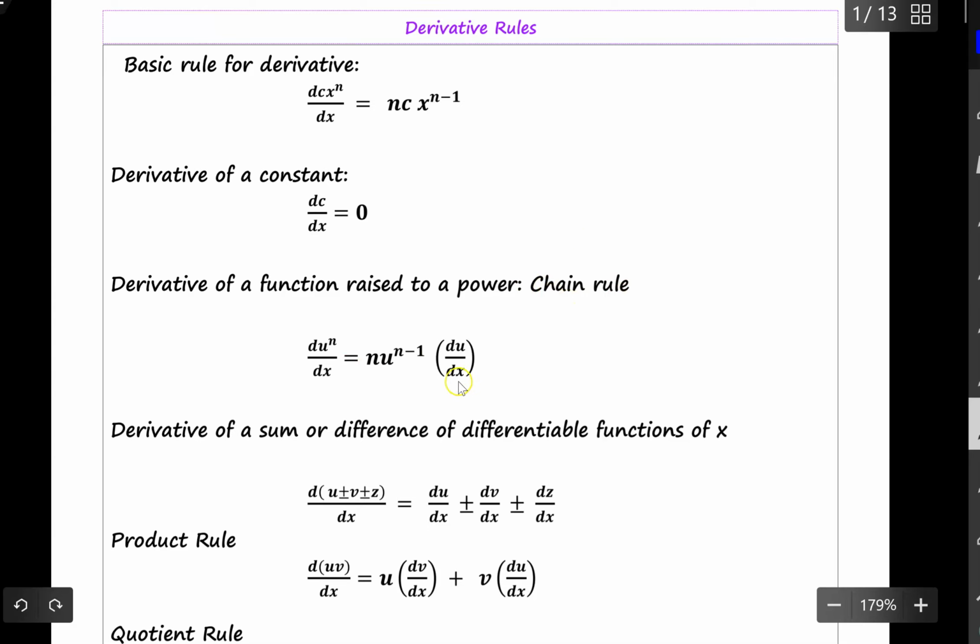The chain rule says this: take n, multiply by the coefficient in front of u, which is 1, and then you have n as a coefficient now, but immediately after that you must take 1 away from the exponent. The chain rule says that you must also take the derivative of u and multiply by this.